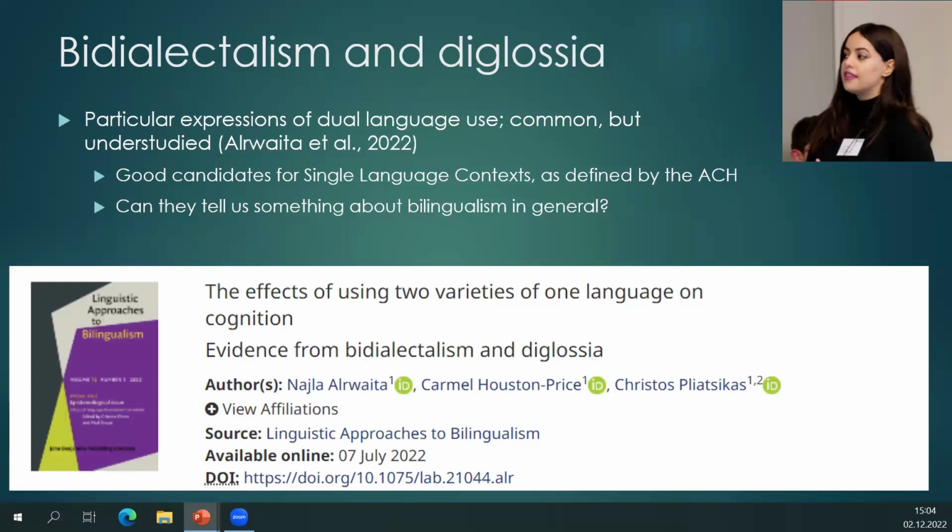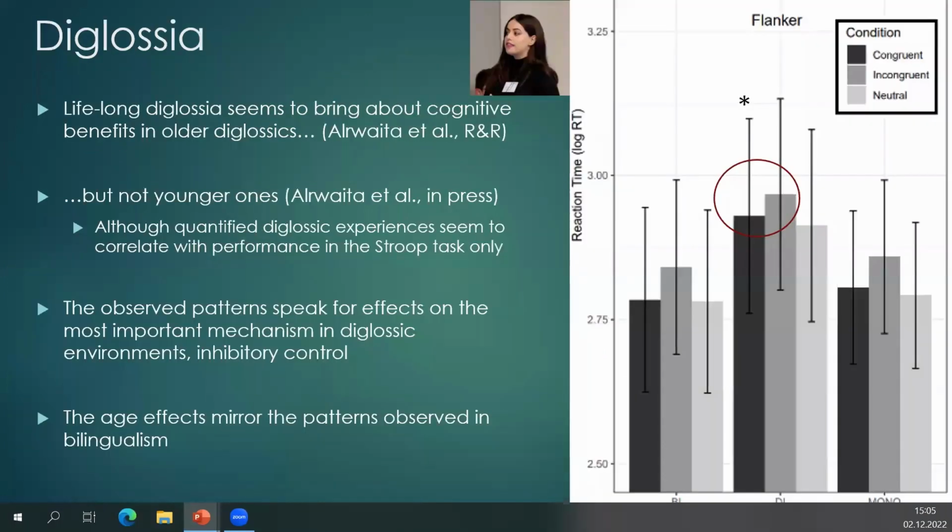So in this paper, we reviewed the available evidence on cognitive, on behavioral studies only. There's nothing on brain structure. And we followed up with a pair of studies looking at the effects of diglossia in both young and old diglossics. To give you some context, this is diglossia in Saudi Arabia.